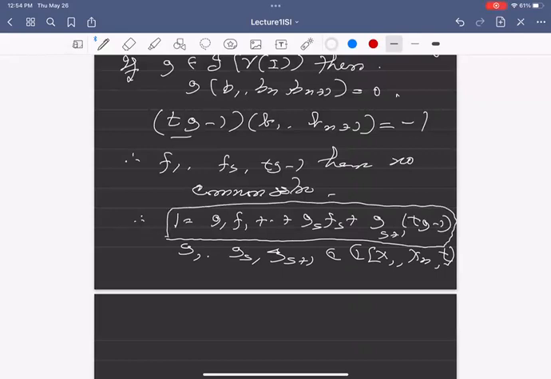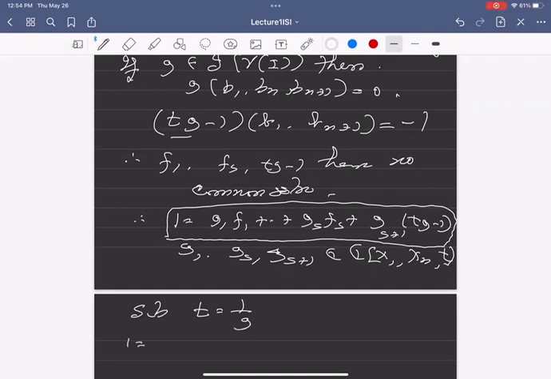So in this polynomial identity, which is happening in the polynomial ring in n plus 1 variables, I can then substitute t equal to 1 over g. G is not 0. I can substitute 1 over g, and the identity will still be valid.